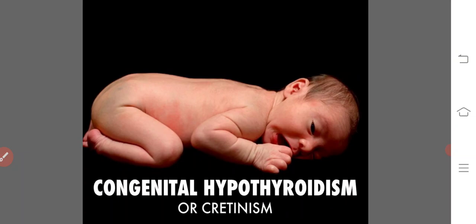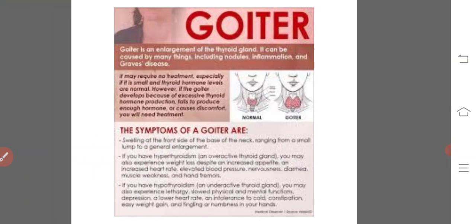So we should not confuse the dwarf and the cretin. Dwarf, all the body parts are well developed but grown very short, whereas the cretin has abnormal growth of all the body parts along with mental retardation. We should not forget.